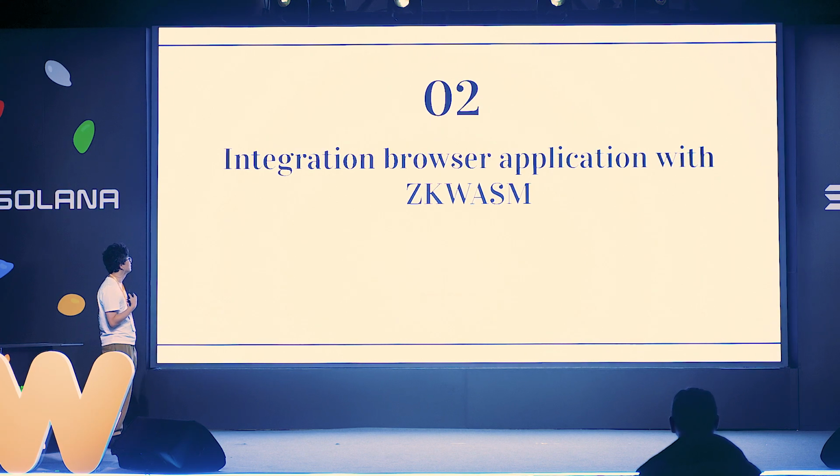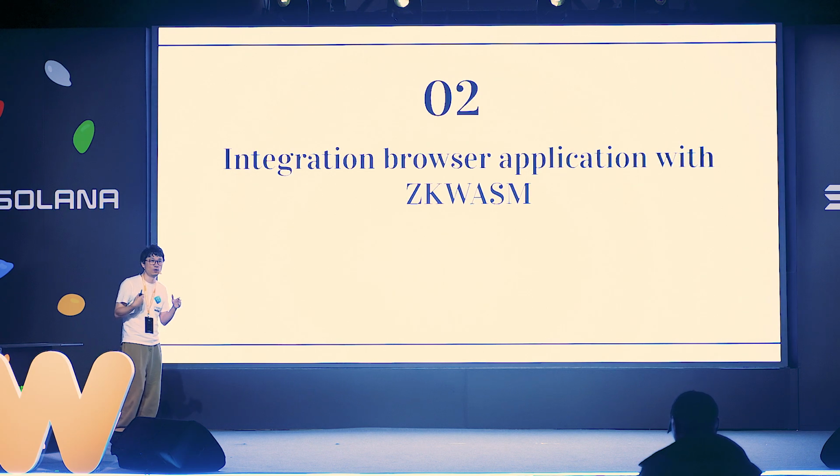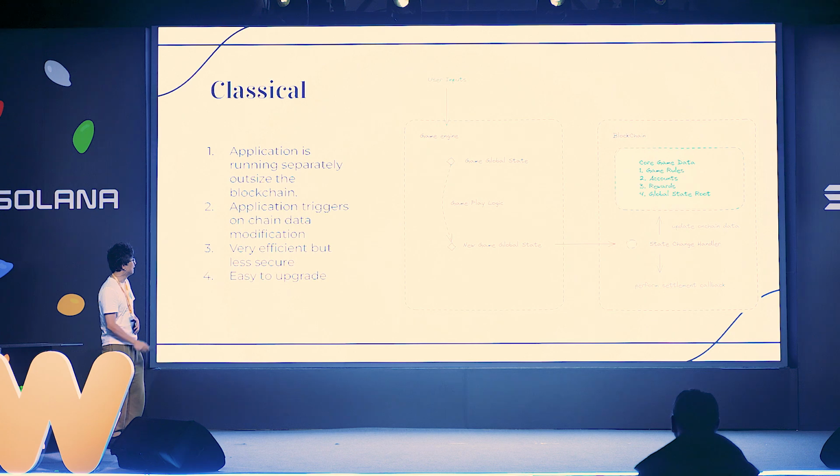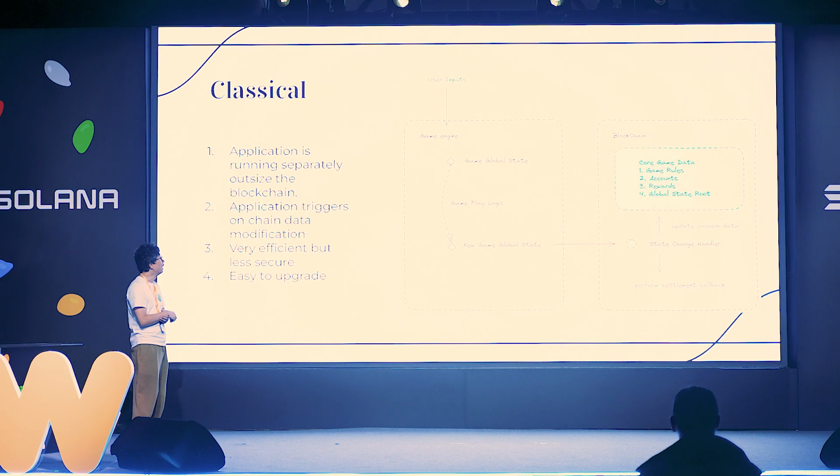What I'm focusing on today is that I would like to provide an integration way so that every browser application can become a trustless Web3 application. And how do I do that? Let's review the classical architecture of a Web 2.5 game example.